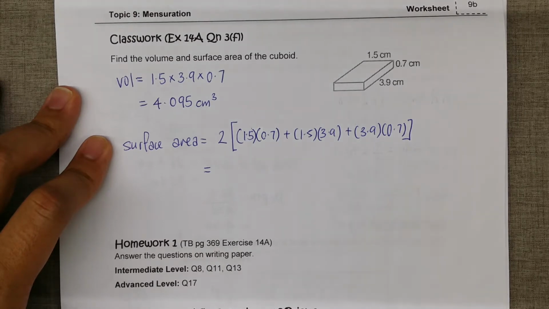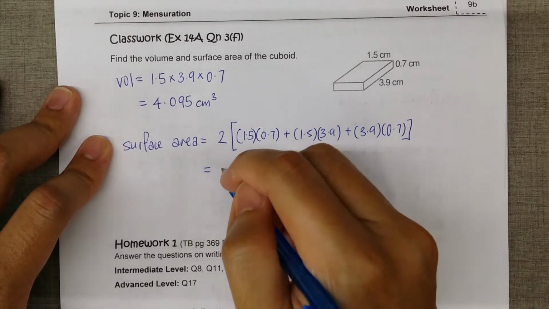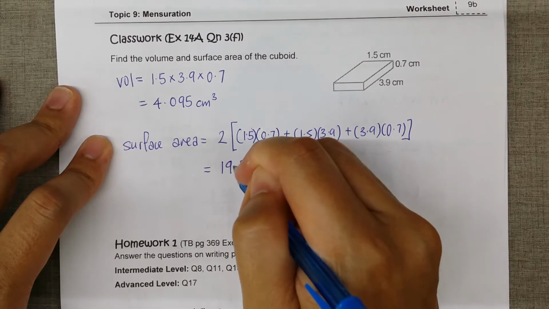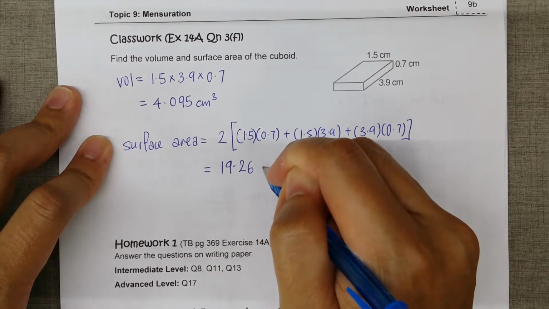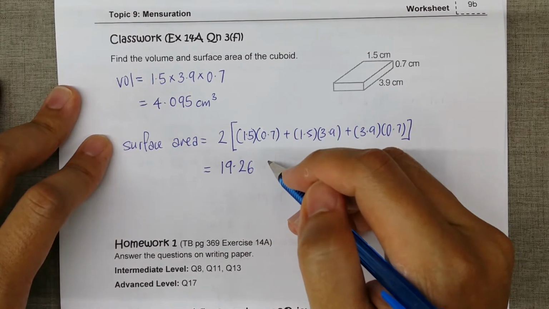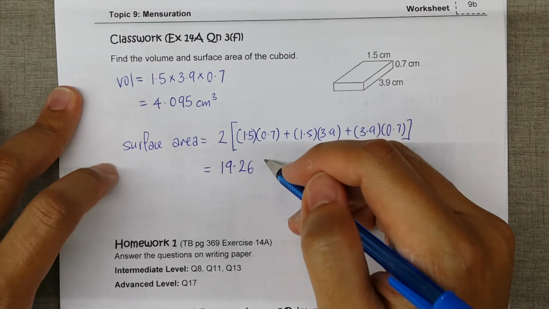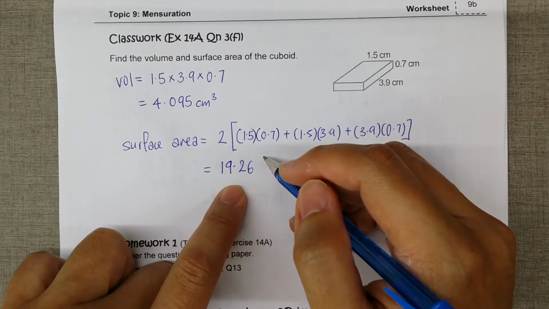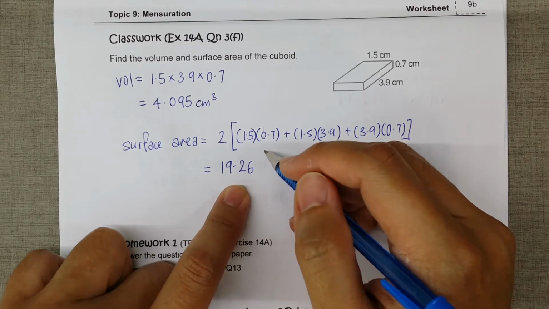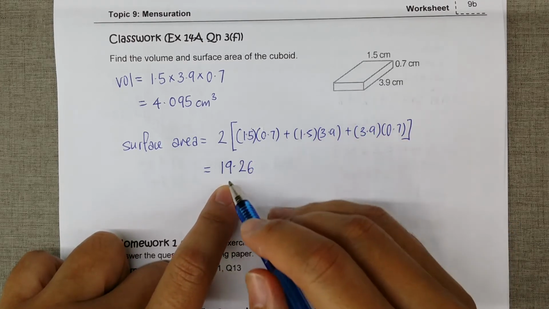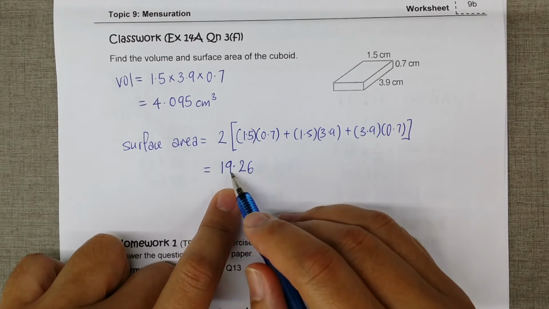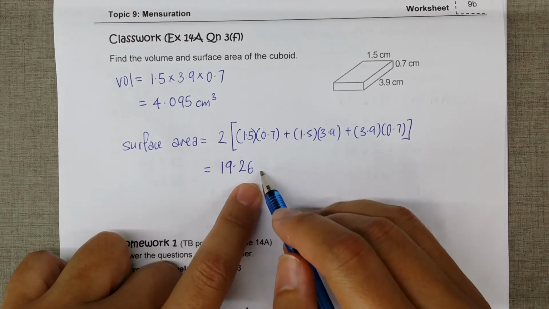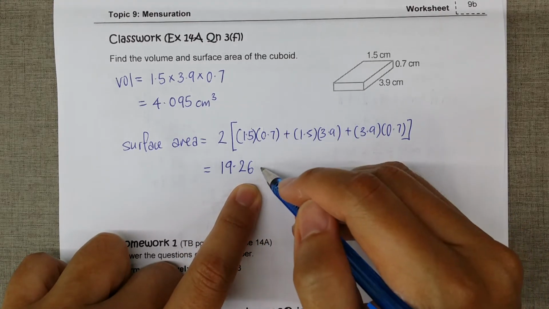You will get 19.26. Again, 19.26 is what I see on the calculator and is exact. So I write exactly 19.26. There is no need to round off to 3 significant figures because the numbers stop at 19.26 and there are no other numbers following after that.